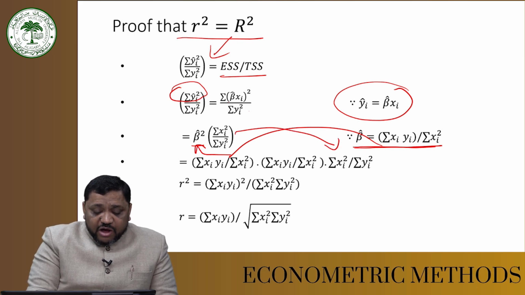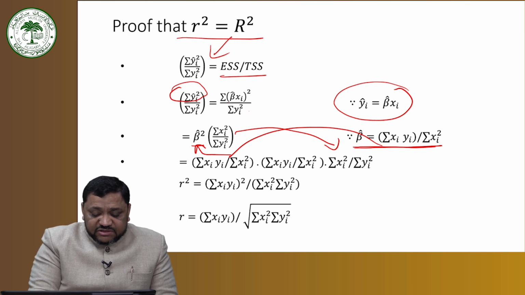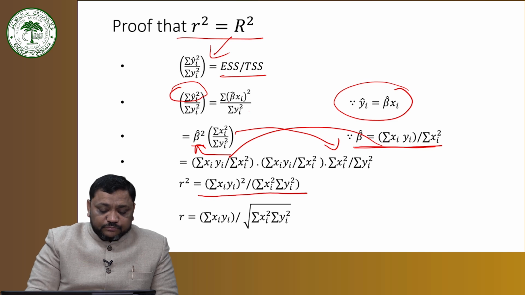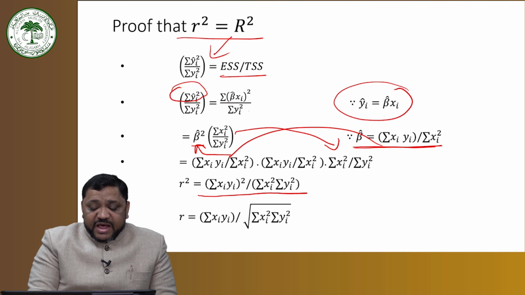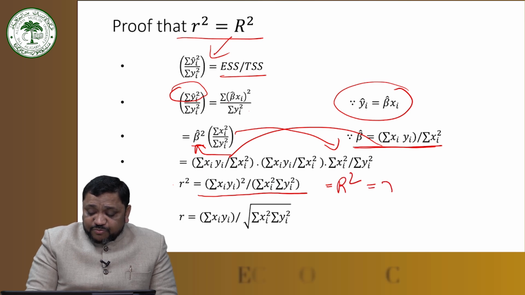Now after cancelling out, what is left is summation xi yi whole square divided by summation xi square yi square. This is my r square, and this is also equal to your small r square.